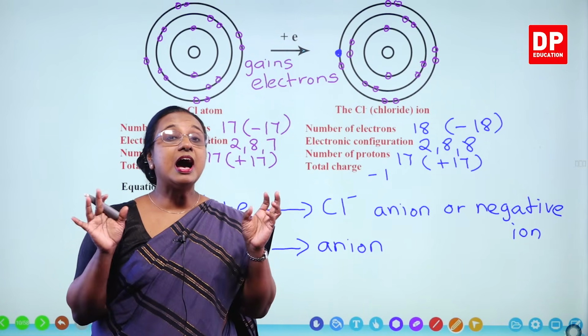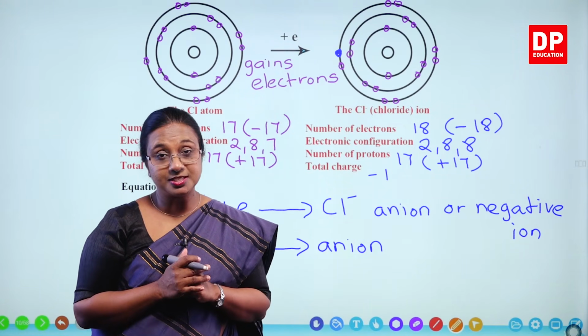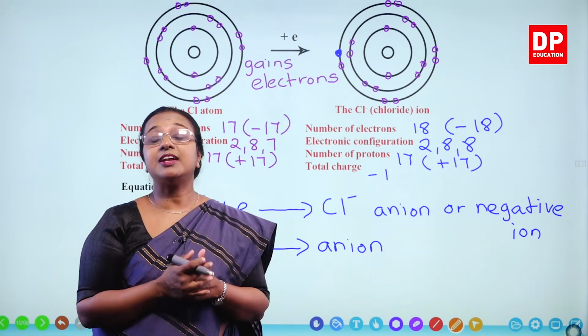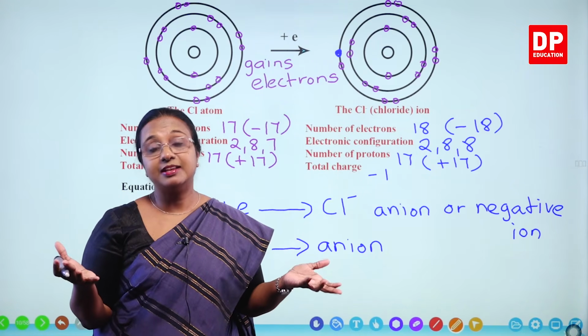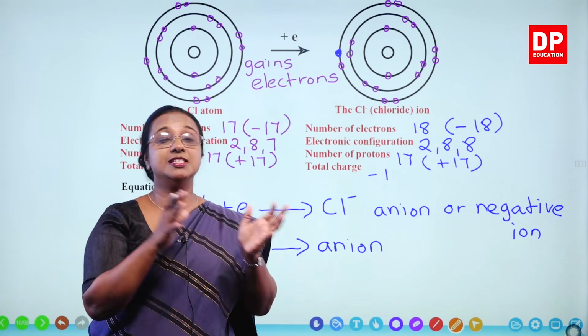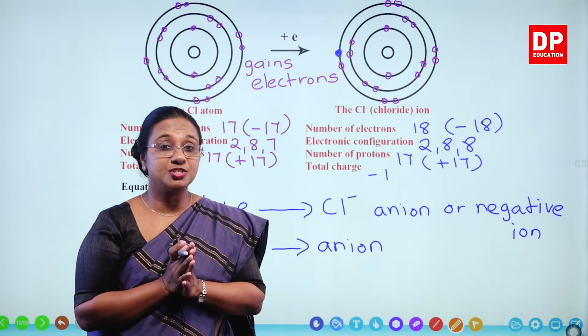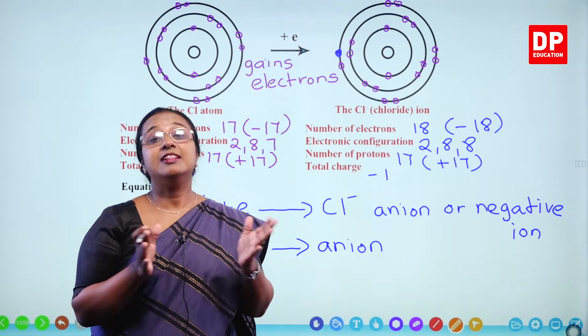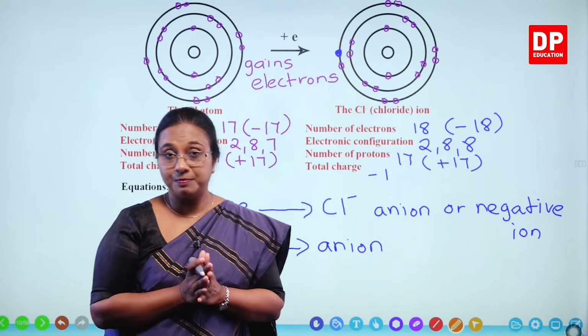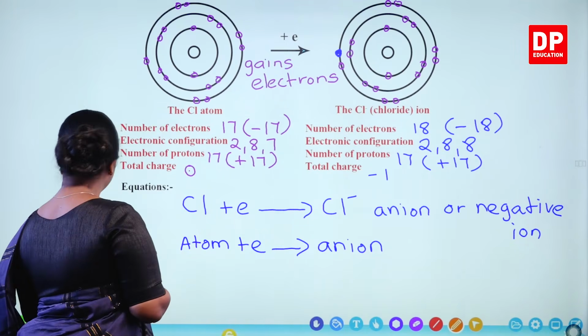These ions are electrostatic charges and they can attract each other from any direction. Always positive charges attract negative charges. So when they do that, they form the ionic compounds. We will look at that now.